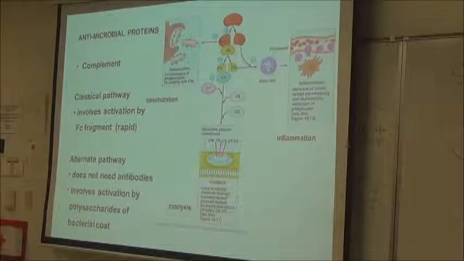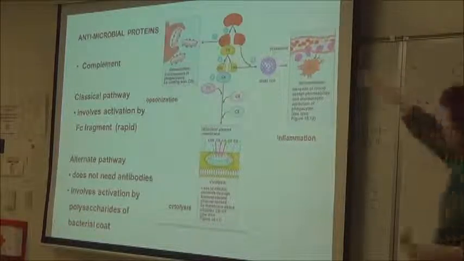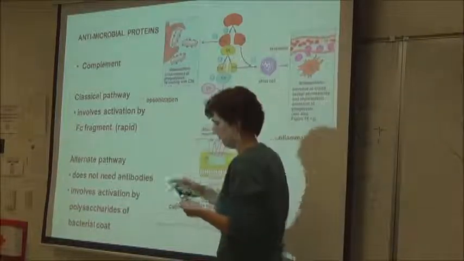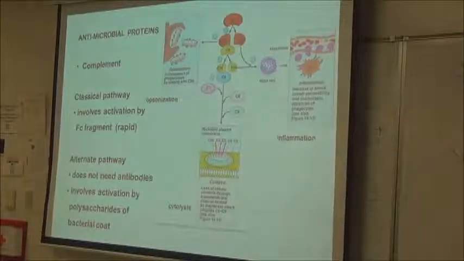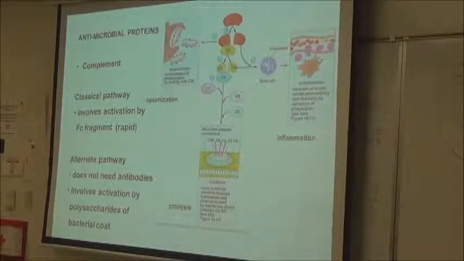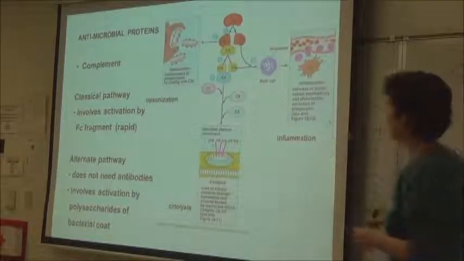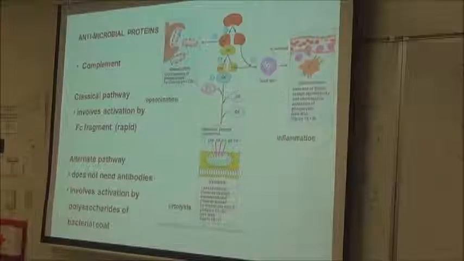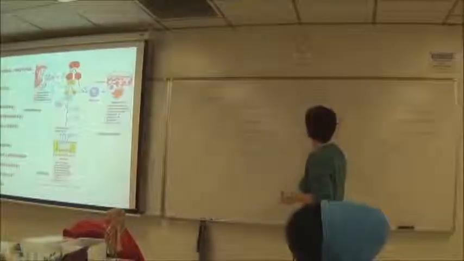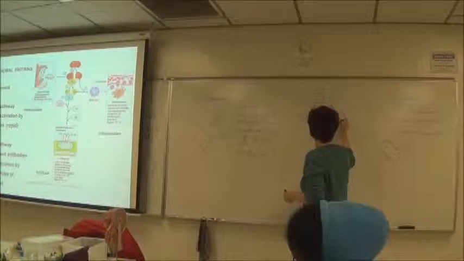So what happens is the different series of complement starts. Here we have C3. And when it interacts with the antibody, or with the protein coat, it splits into two parts. And again, you don't have to reproduce this.